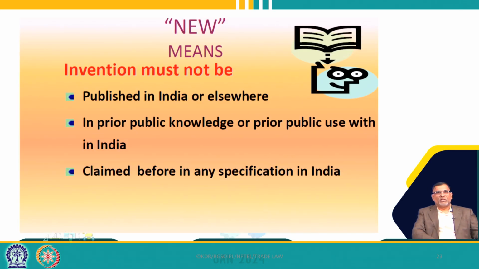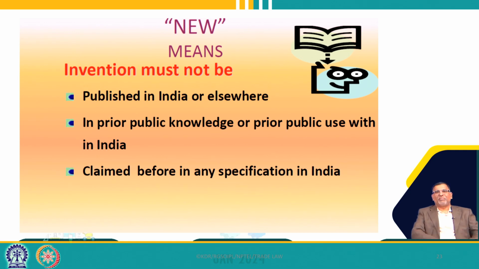So, we already said that if it is already published, so we used to say that either you publish or perish, but in the case of patents it is the other way around, you publish and perish. So, it should not be published earlier. Prior public knowledge or public use is a barrier for filing patents.